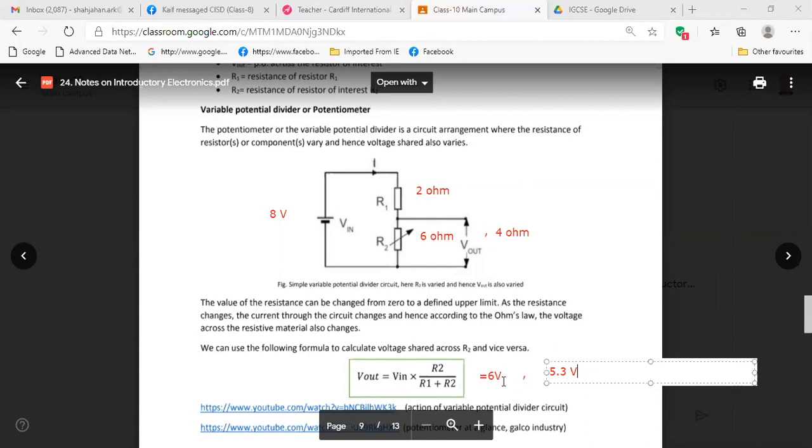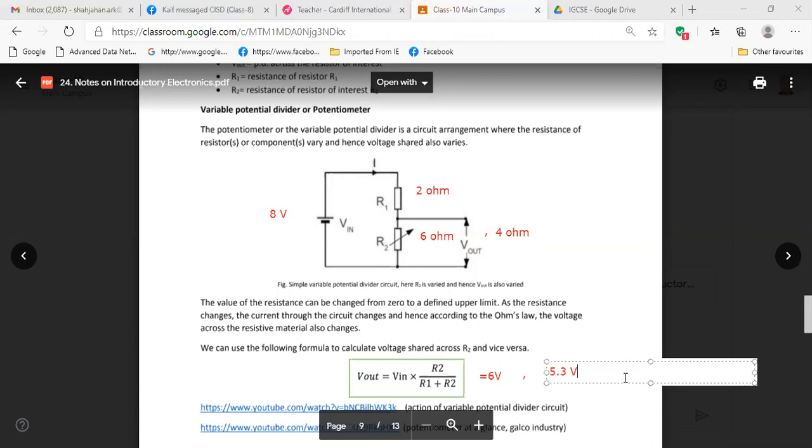But previously it was 2 volt, isn't it? For R1, when V out for R2 was 6 volt, that time R1 was 2 volt, right? Now we are changing R2 only, the resistance.